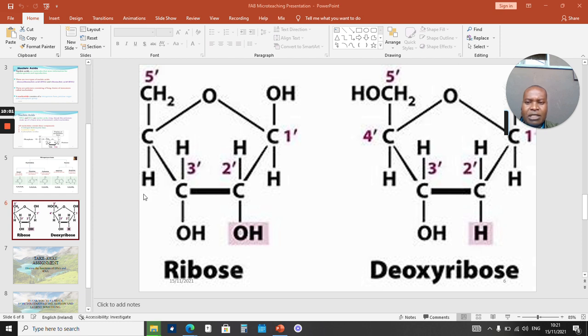That is a very important concept. But we shall come to see that there is a special type of RNA which has a double strand, and we shall look at that very special RNA molecule in our next class.